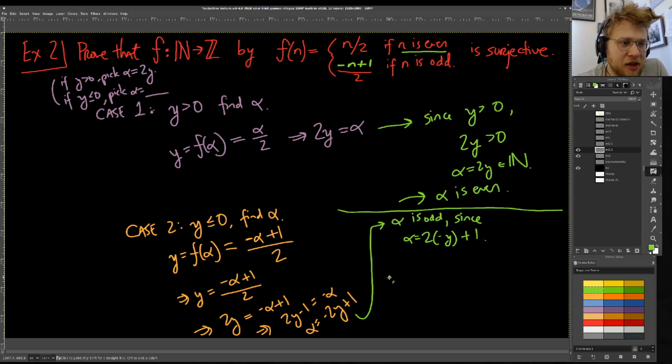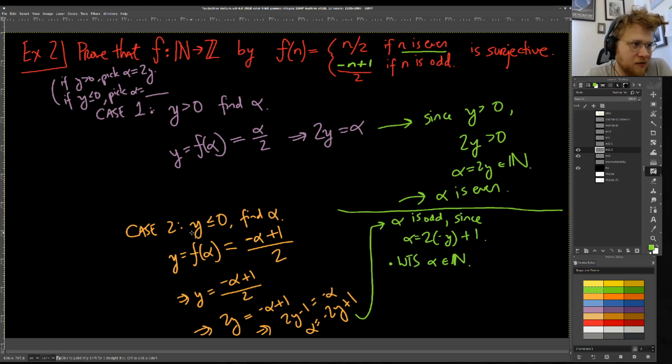And the second thing we need to say is we need to show that alpha is in fact part of the domain. That might be a little bit harder to do, because there is a negative number here. We don't know exactly what y is, except that it's less than 0.